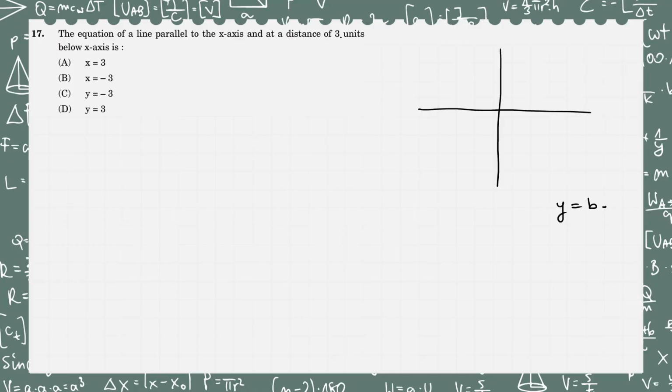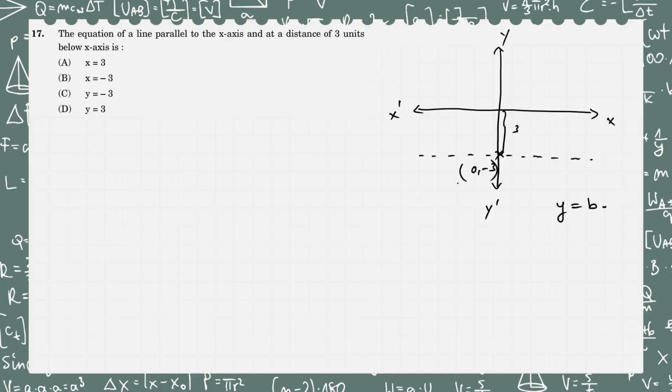Here, at a distance of 3 units below the x-axis means that the line should be like this, below the x-axis, and the distance between the x-axis and this particular line is 3 units. So this point should be minus 3. Why? Because this is on the negative side of the y-axis, so that point will be minus 3. So (0, minus 3) will be that point.